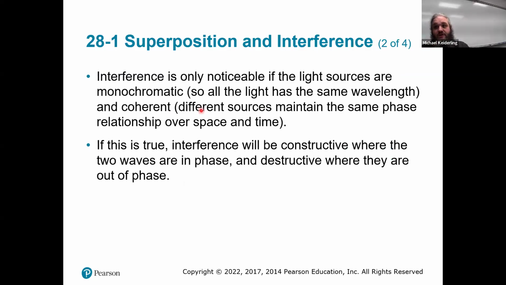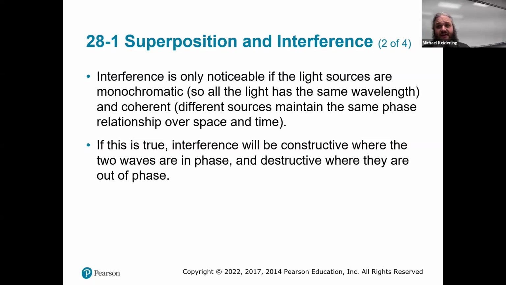So interference is really only noticeable when the light sources are monochromatic, so all the light has the same wavelength, and coherent, where the two sources that are interacting maintain the same phase relationship over space and time. When this is true, interference will be constructive where the two waves are in phase and destructive where they're out of phase.